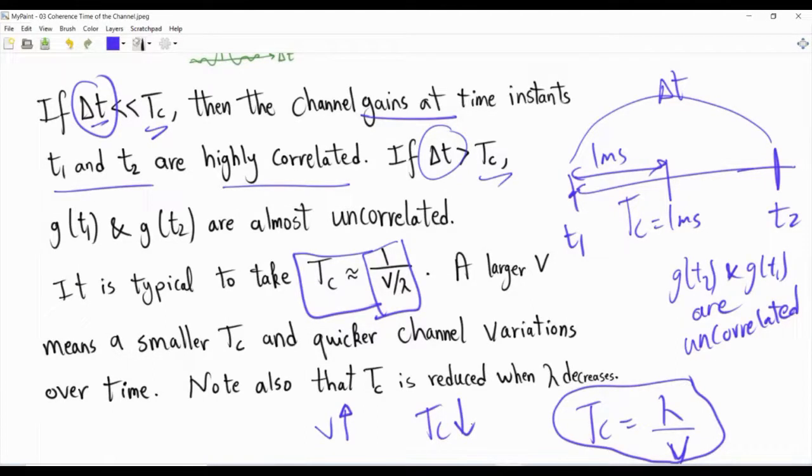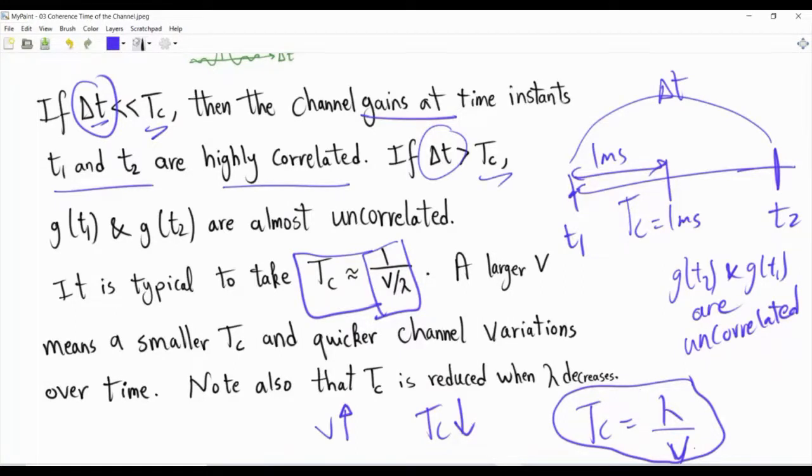This is very reasonable, right? Because if mobility increases, if the terminals are moving with higher and higher speeds, it means that things are more dynamic. And so you expect things to change faster. Okay, and so this will be represented with a small coherence time. Small coherence time means that to get high correlation, you need very small separations in time.